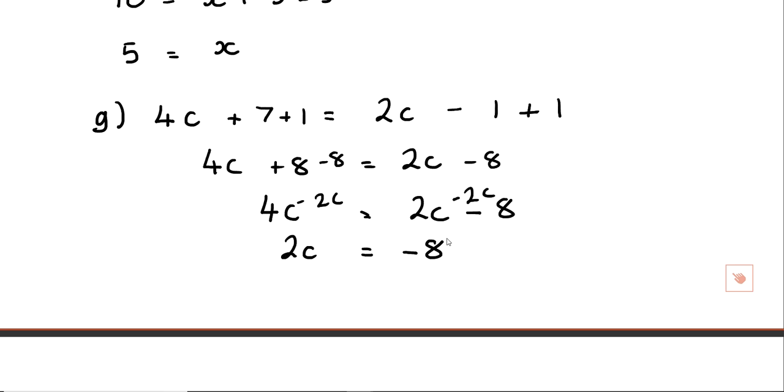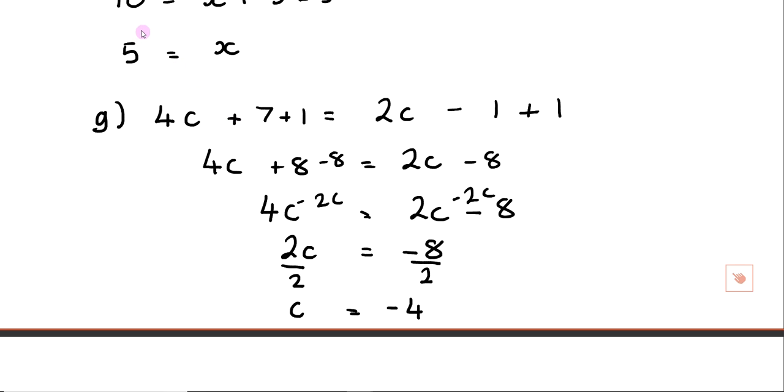I don't have 8 c's, I have negative 8. So now if I divide by 2, if 2 c's make negative 8, 1 c must be negative 4. Okay? So I'm using exactly the same process, but negatives are not a problem.